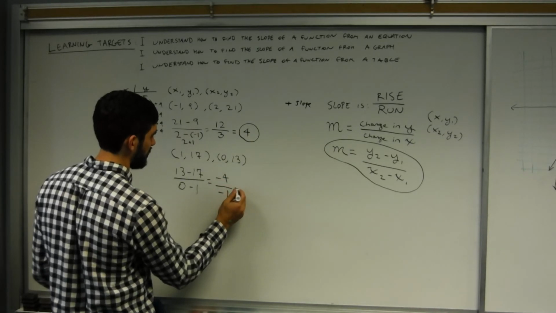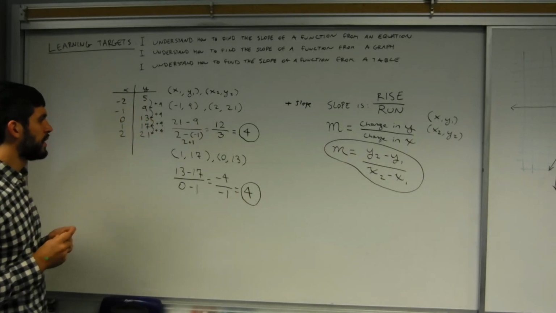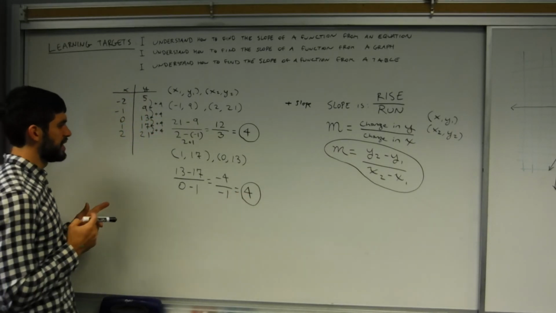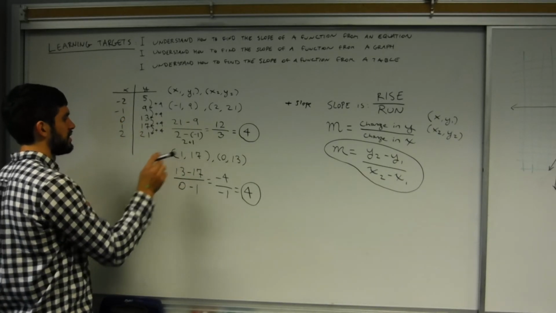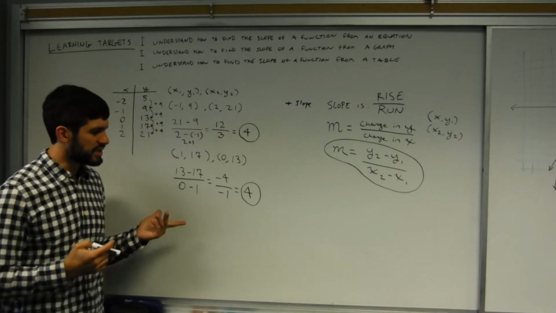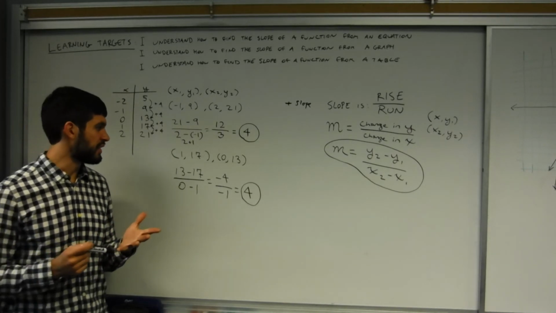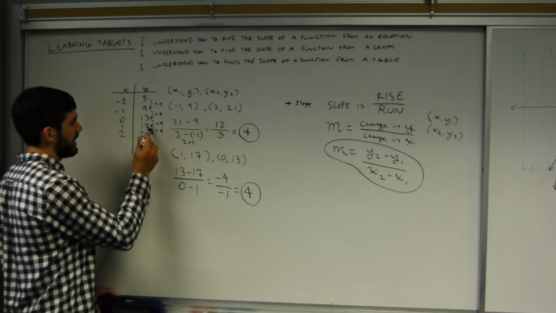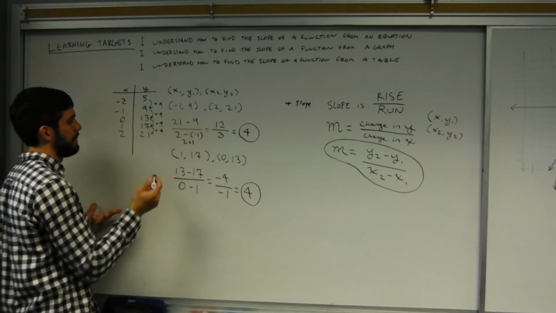Negative divided by negative is positive, so we get a positive 4. It didn't matter that the first point was further down than the second point, we still get the same answer. One of the defining characteristics of a linear function is that the slope is always the same. No matter what points we choose, it's always going to go up by 4 units.